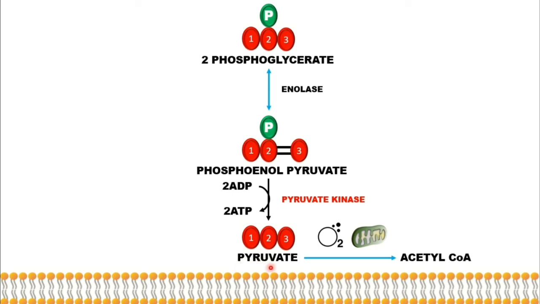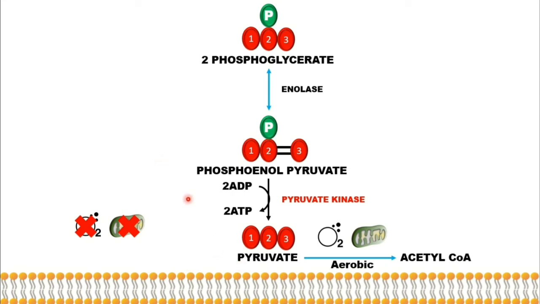When pyruvate is converted to acetyl-CoA in the presence of oxygen and mitochondria, this is called aerobic glycolysis. But in the absence of oxygen or mitochondria, the pyruvate will be reduced to lactic acid. We had produced 2 NADH in the beginning.